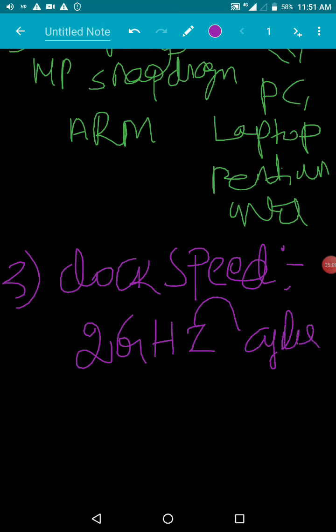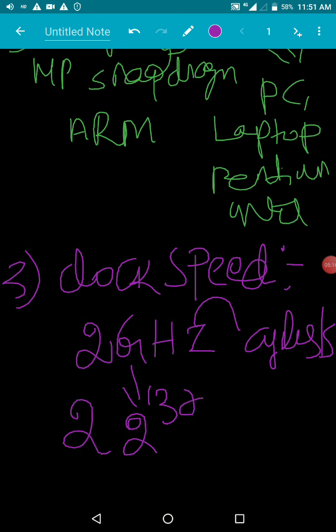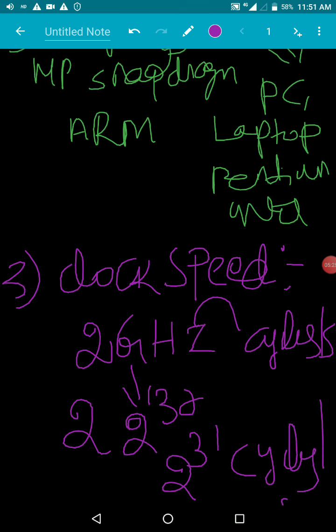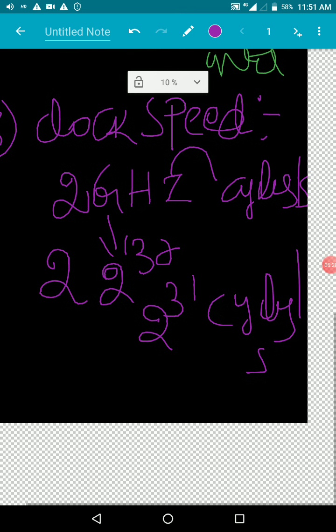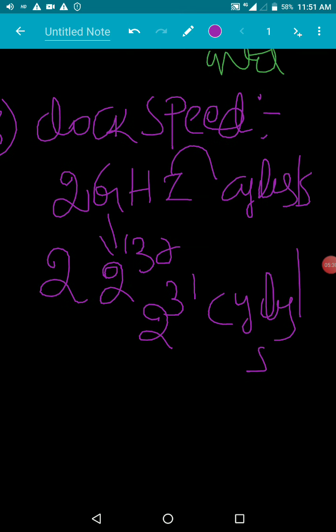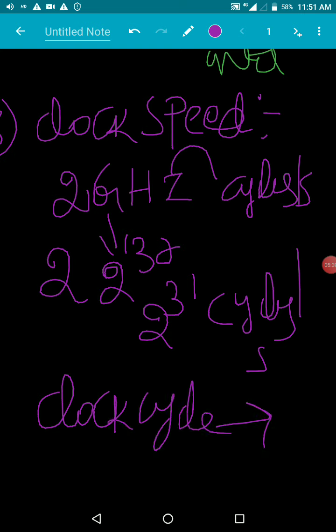Giga means 2 power 30. So 2 into 2 power 30 cycles per second are produced for the particular microprocessor. Then you can easily find the one clock cycle time. Thank you.